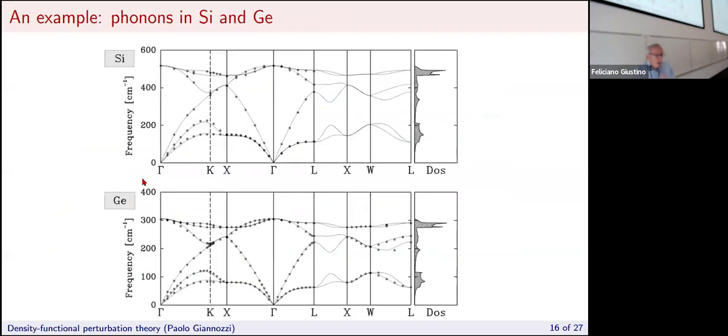Now, this works very nicely at least for cases in which real space force constants are short range, for instance silicon and germanium, simple semiconductors. The calculation can be done in a straightforward way, and that's more or less the end of the story. We have a force constant in real space, and we can generate phonons for whatever wave vector we like.